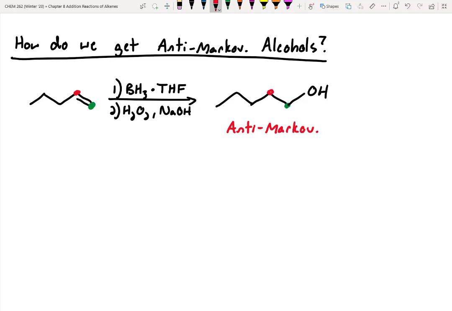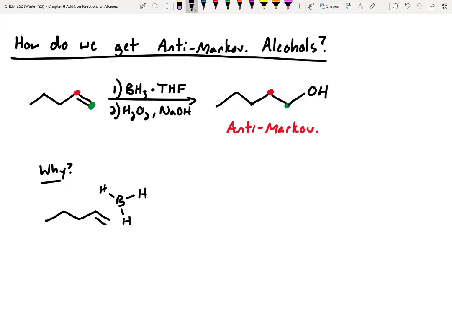All right, so question is why? Why does this work? I'm not going to go through the full mechanism simply because it takes way too long, but I'll show the really brief tutorial. So over here what happens is we have borane. Looks like this.